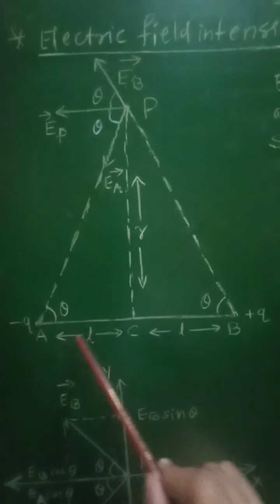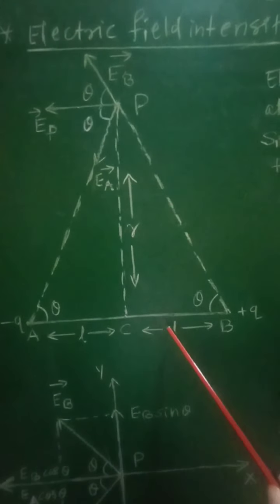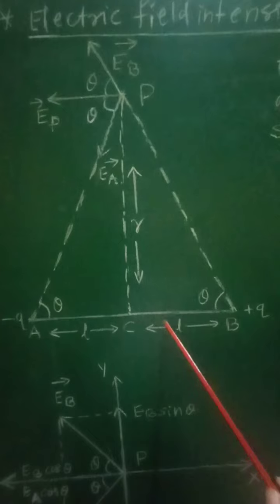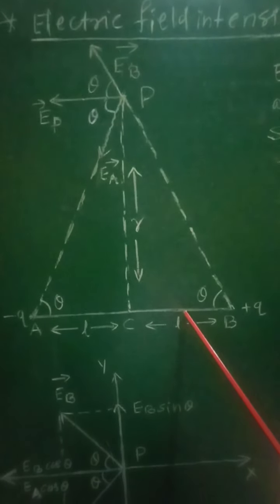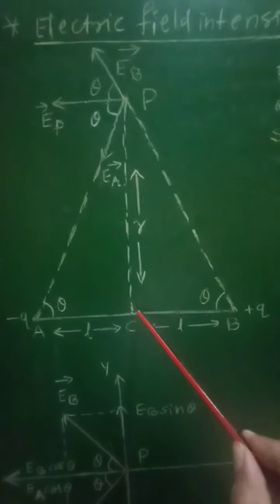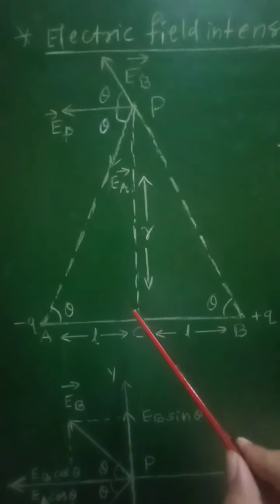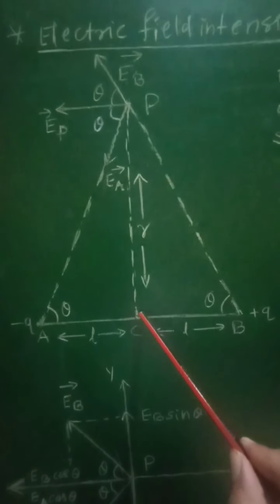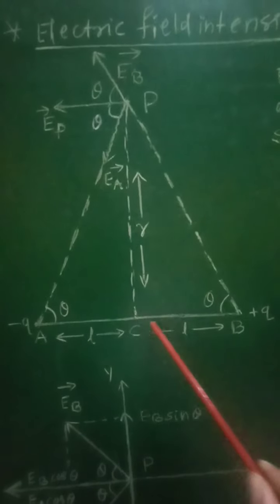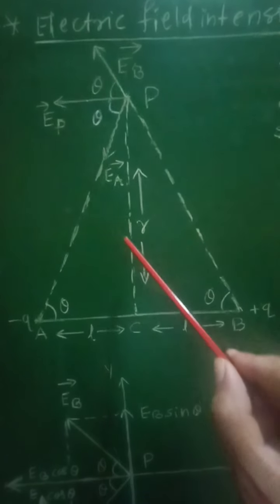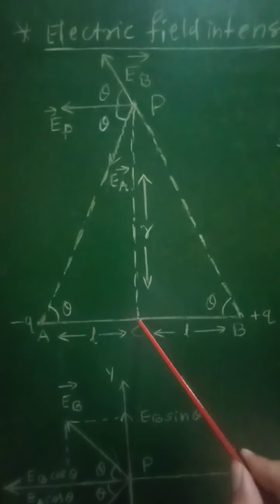Therefore, distance AC equals L and distance BC is also equal to L, as C represents the center of the electric dipole. Then this line CP is passing through the center of the electric dipole and it is perpendicular to its axial line. Therefore, CP represents the equatorial line.